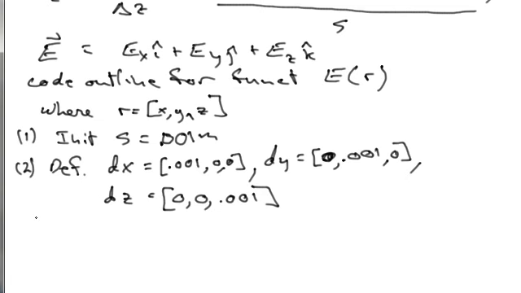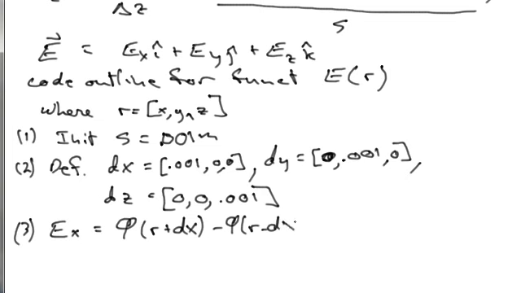So then, let's see if I got this. EX equals phi of R plus dx minus phi of R minus dx, all divided by S. Okay, remember phi is built to take an array.